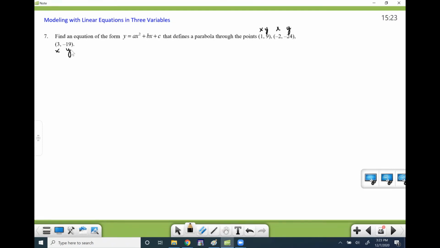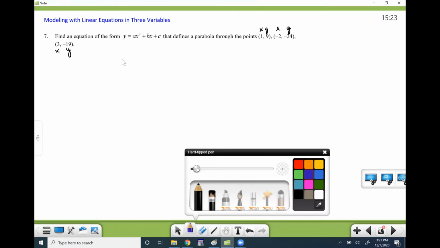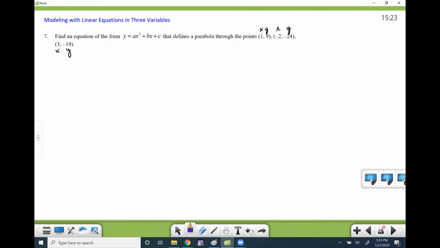Okay, so the first time around, I'm going to plug in 1, 9. So I'm gonna put a 9 in for the y and a 1 in for the x. And then I'm gonna clean it up.